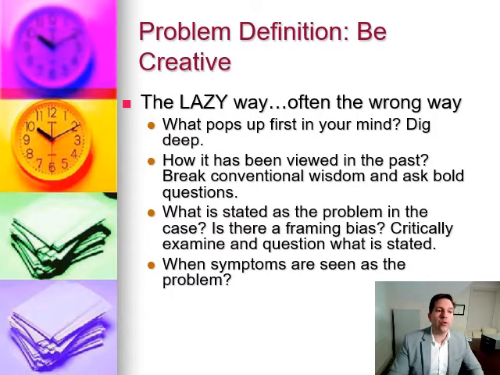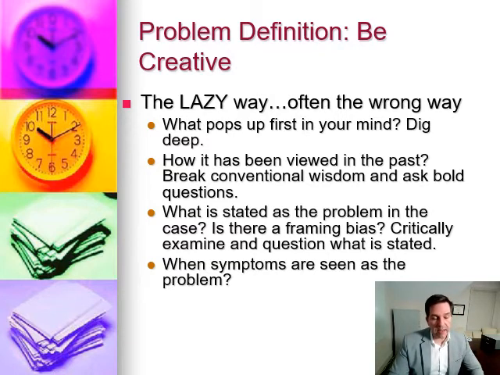So how do you come up with the problem? Well, the easy way, which is usually not the right way, is just quickly trying to find the first thing that you identify.